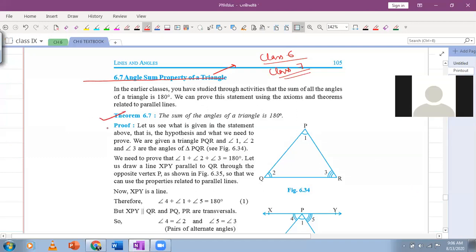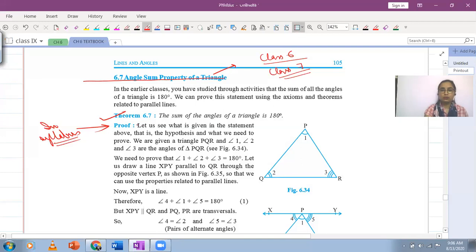This is the second theorem whose proof is in syllabus. Along with the first theorem, which was based on proving that vertically opposite angles are equal when a pair of lines intersect each other, we have this result to be proved.